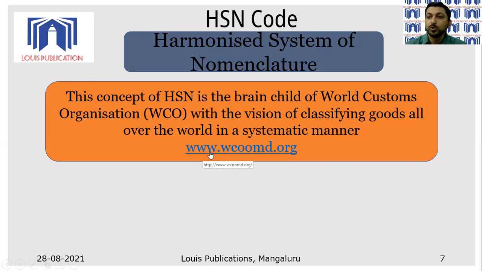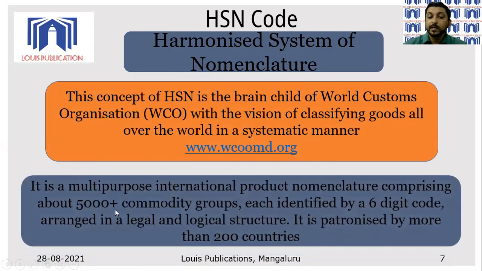So if anyone wants to know more about this harmonized system of nomenclature, you can visit this site www.wcoomd.org, the World Customs Organization. So more information about this HSN code can be availed on this particular site. Now, it is a multi-purpose international product nomenclature comprising about 5,000 plus commodity groups.